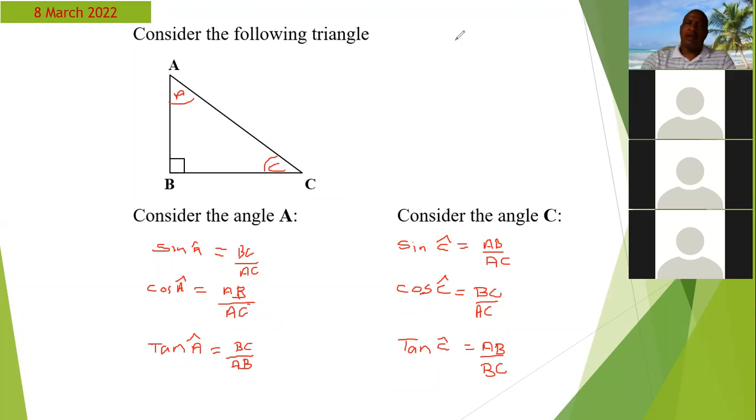All right, what do you notice? Sir, so far I realize that the cosine of angle A is opposite to that of angle C, which is the sine. And the same thing for angle A sine with the tan of angle C.